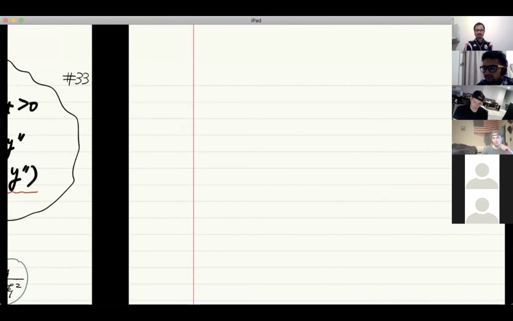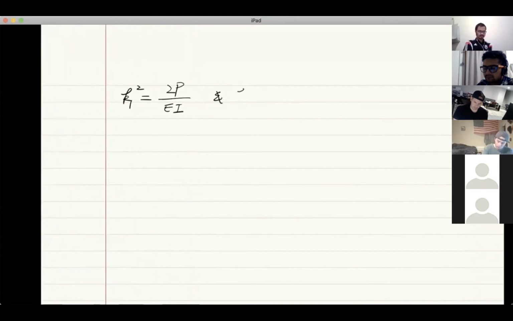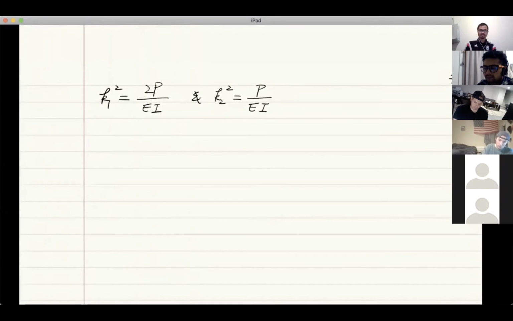All right, the best way is always to write it down, so this way you can clearly figure this out. We know that K1 squared is 2P over EI, and K2 squared is P over EI. Now, what is P over EI? P over EI is just half of the 2P over EI, correct? So can I say that K2 squared is just half of K1 squared? Can I say that? Of course, right?